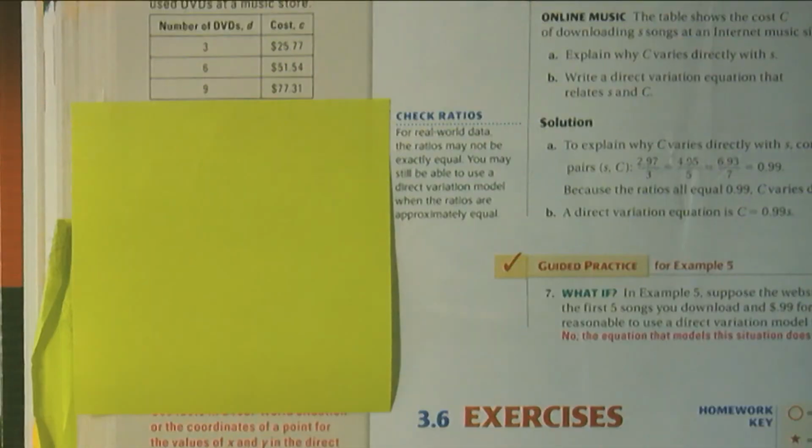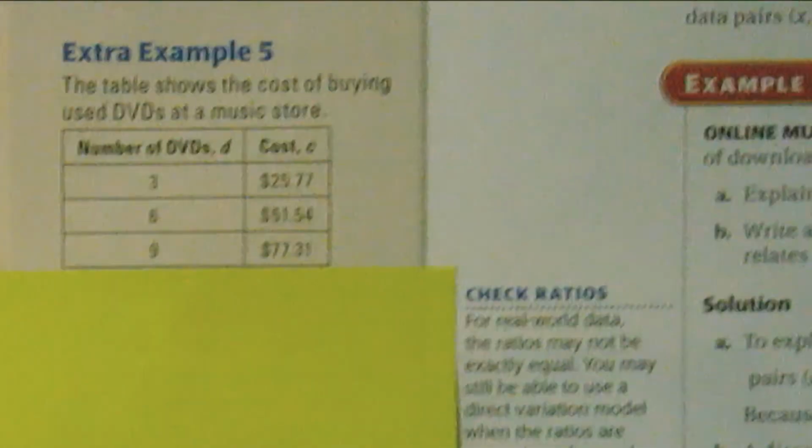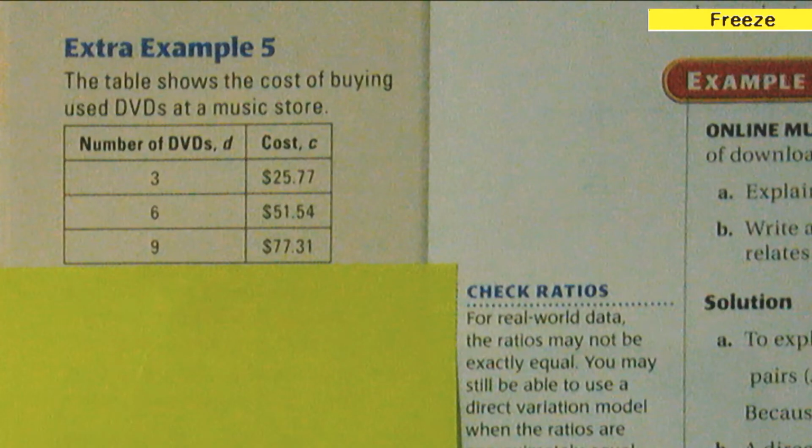So I want you to write this table down, and then I'm going to give you the things I want you to answer with regards to this table. Go ahead and write that down. I'm going to write it down, and then I'm going to put the questions up there.